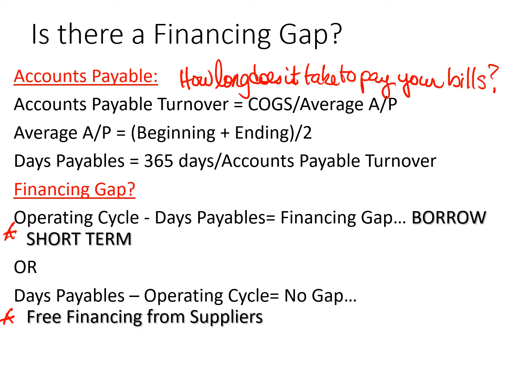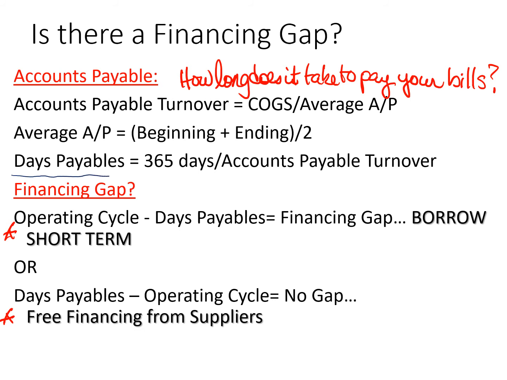If you're a service business, this ratio won't make a lot of sense because you have no cost of goods sold. You have cost of sales, but there's no inventory. Average accounts payable is the same as the others: beginning of the year accounts payable balance plus end of the year accounts payable balance, divided by 2.